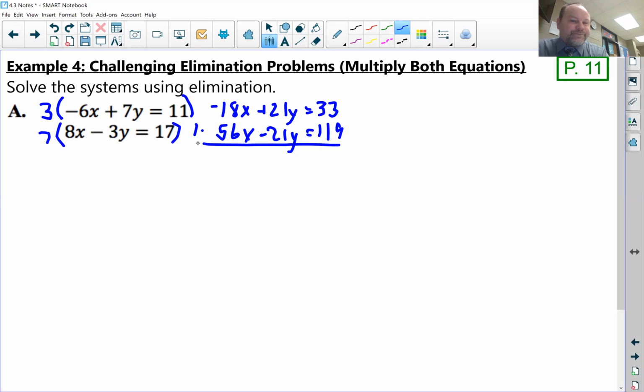Add together. Negative 18x plus 56x, that's going to be 48x. 21y plus negative 21y, they cancel. And this gives me 152. 33 plus 119 is 152.